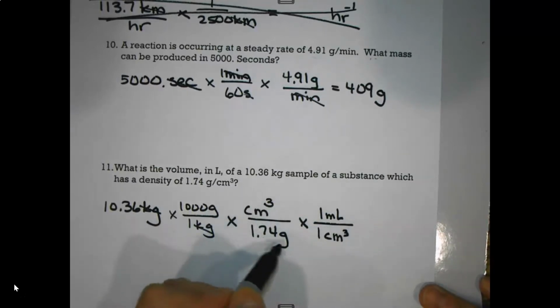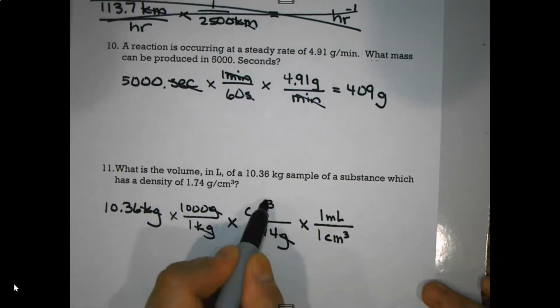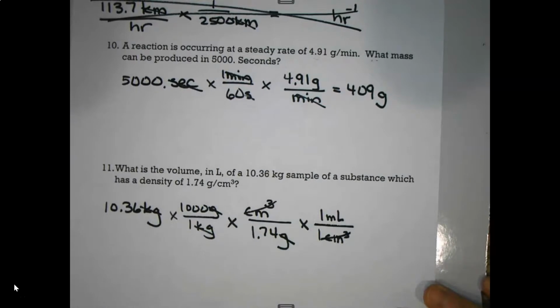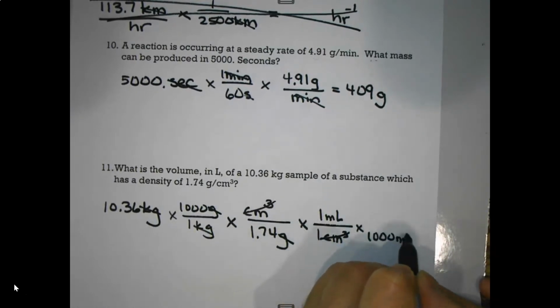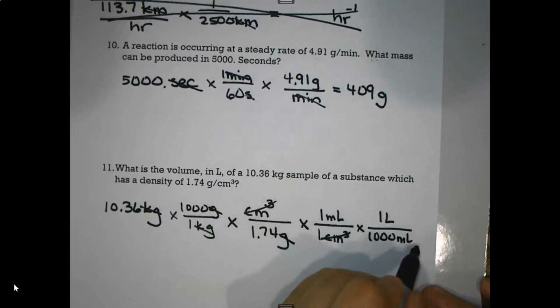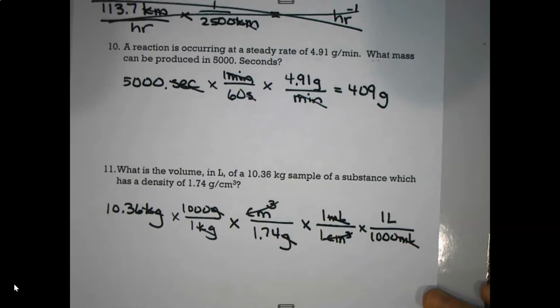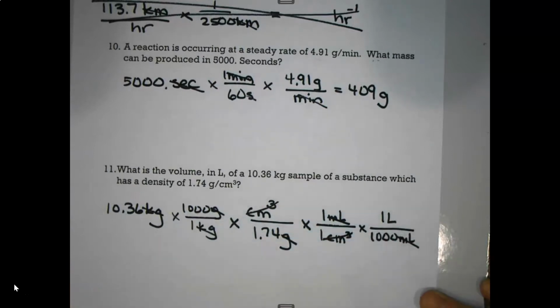So now I'm in a volume that is a liter volume. All of these guys have canceled out at this point. All I have to do is go from milliliters to liters, and I can get my answer. So if you notice, I got 1,000 in the numerator, I got 1,000 in the denominator. Those two guys are going to cancel out.